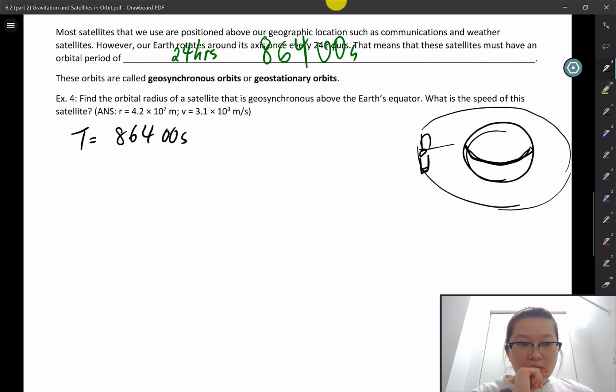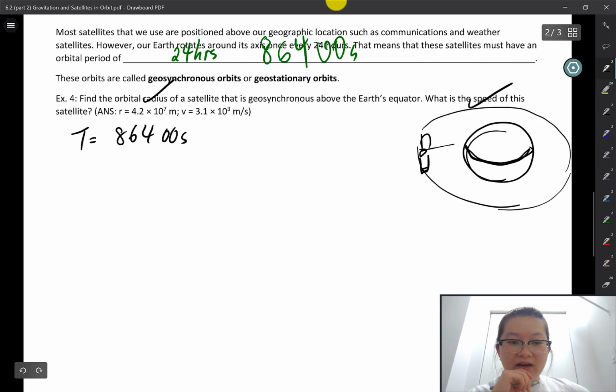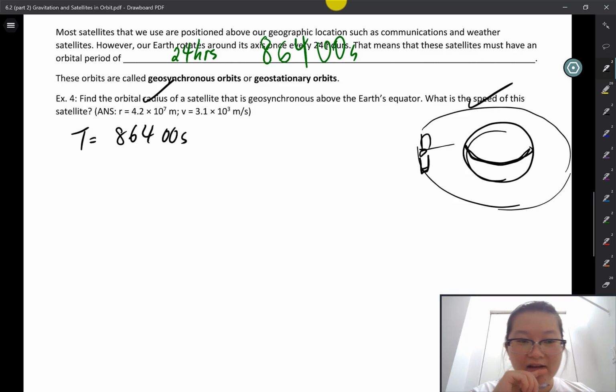The question is, we want to find the orbital radius and the speed of the satellite, so there are two things we have to do. First things first, let's find the orbital radius. This question is sneaky, because you might notice it is much easier to find the speed of the satellite and then use that to find the period.